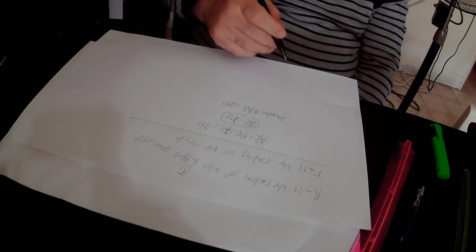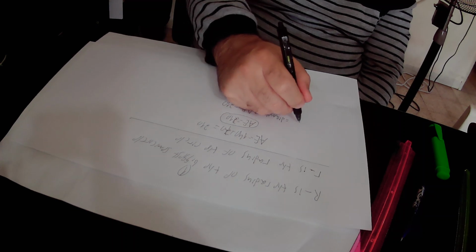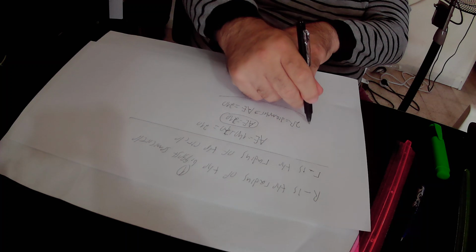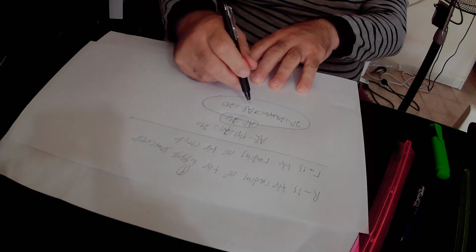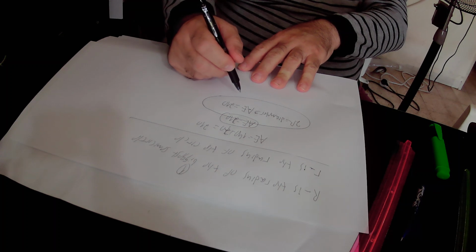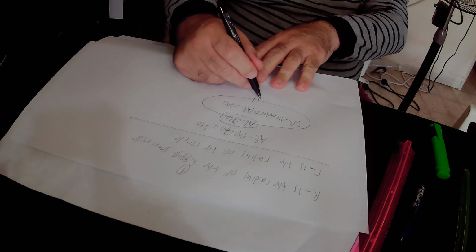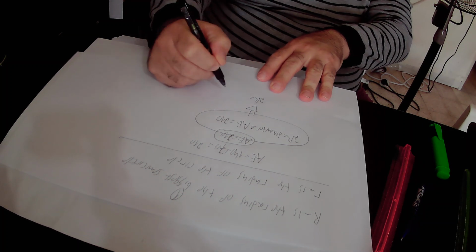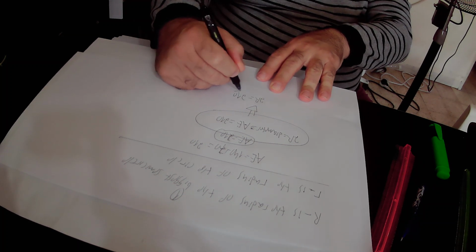That is to say, the diameter must be equal to 2 times capital R. And from this equation, 2R equals the diameter equals AE equals 210, we derive that 2 times capital R equals 210 units.